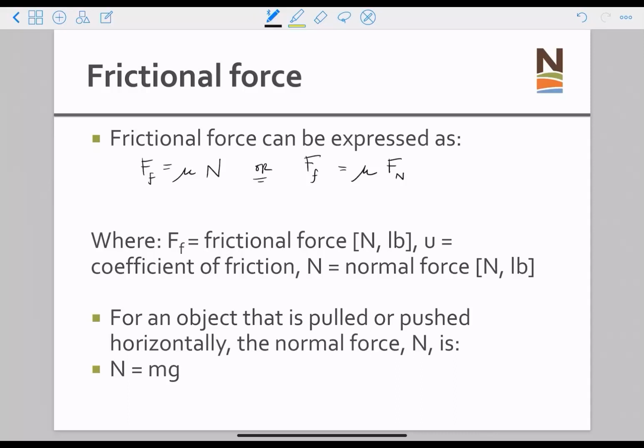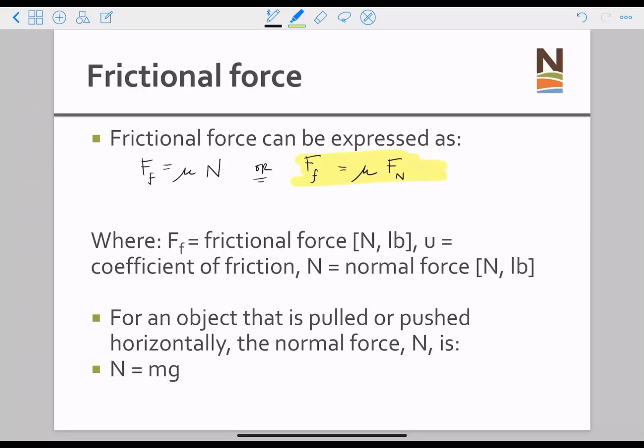So you will either see it with a large N or with a large F sub N. I'll often use the second term, so you will often see me use it when I'm solving problems. Again, our frictional force will be in newtons or pounds, normal force in newtons or pounds, and the coefficient of friction will be some fractional number that is given.